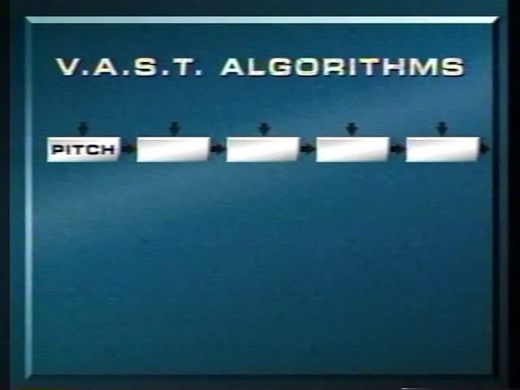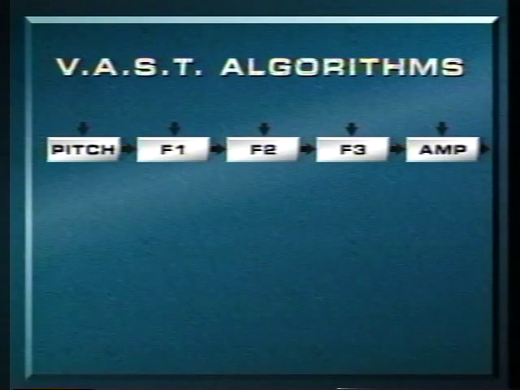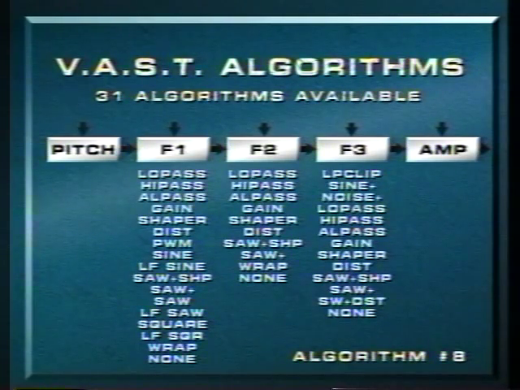Notice that with the exception of the last couple of algorithms, the first box is always labeled pitch. The last one is always labeled amp, although there are sometimes different amp variations. But depending on the algorithm you choose, you will have a choice of different DSP functions. If you look in the reference section in the manual, you will see diagrams for each algorithm along with all possible DSPs for each algorithm.